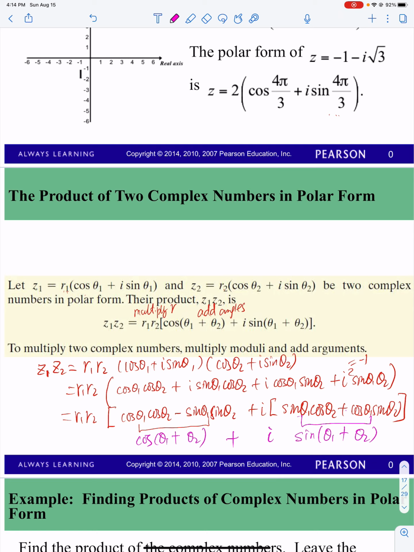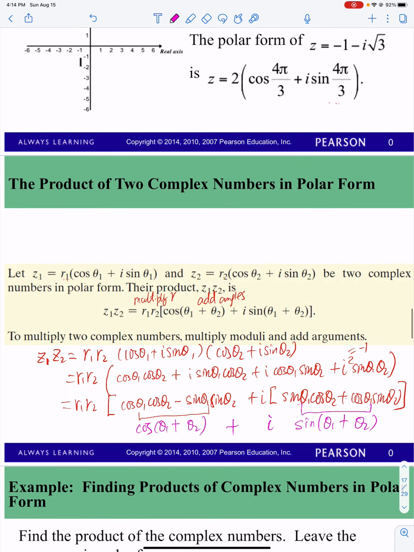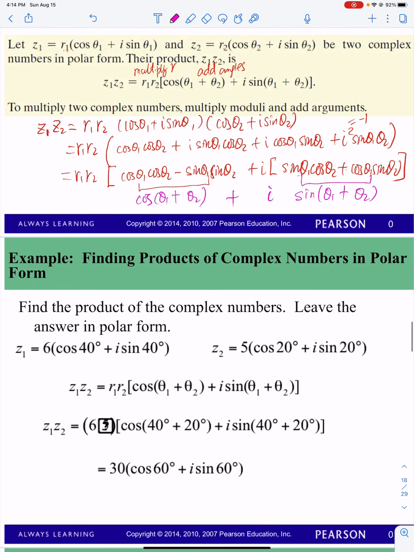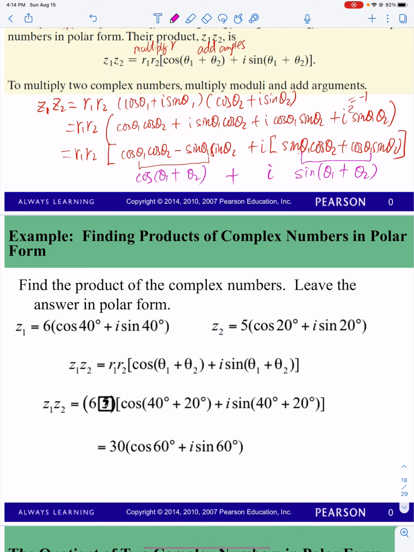Okay, but how do you remember it? Multiply the r and add the angles. Okay, this is how you remember it. So if you have z1, z2, what will you do? You multiply the r, and add the angle.